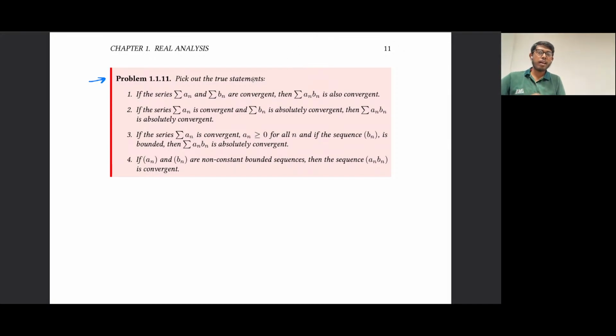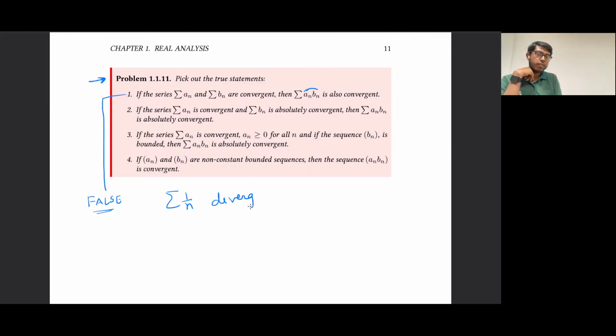The first option says that if the series an and series bn are convergent, then the product series an bn is also convergent. That is false, and that's not very difficult to see, because we know that the summation 1 by n series is divergent.